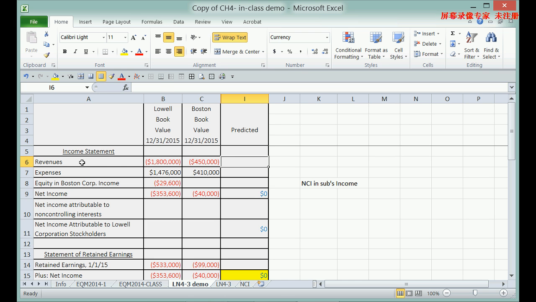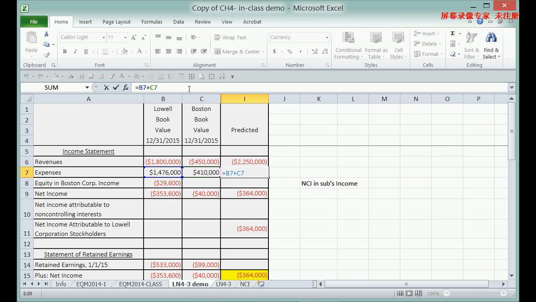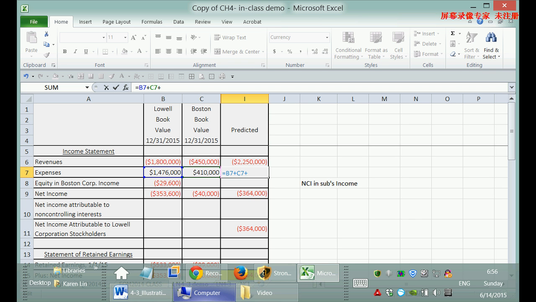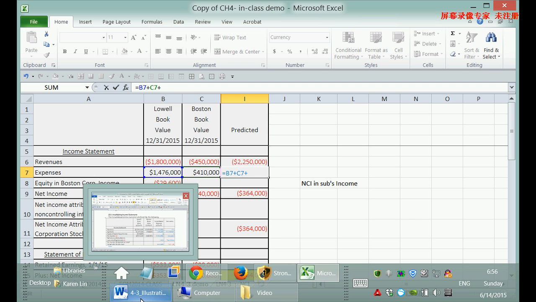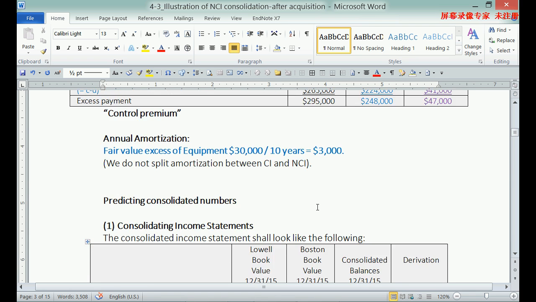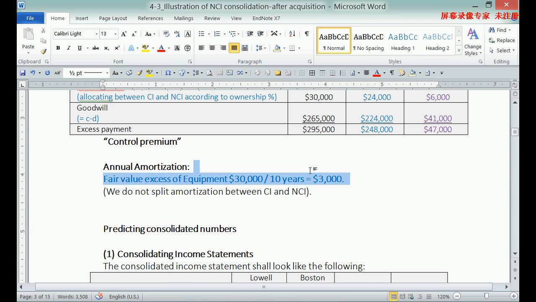The consolidated revenues should be the parent's plus the sub's number. And the expenses are the same. However, remember, we need to add back the annual amortization that should be made by the subsidiary. But the subsidiary is recording the equipment on the book by its book value, so the depreciation taken is smaller than it should be if it's a fair value.